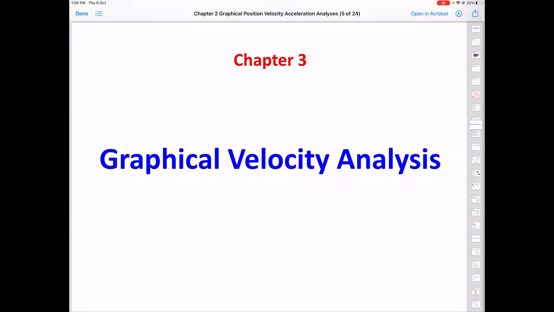Anyone else? Okay, this is our 3rd chapter, okay? Graphical velocity analysis. If you understood, I cannot say fully, but if you understood a lot of portion of graphical position analysis, the velocity analysis would be easier for you to understand, because definitely velocity is the first derivative of position, okay?